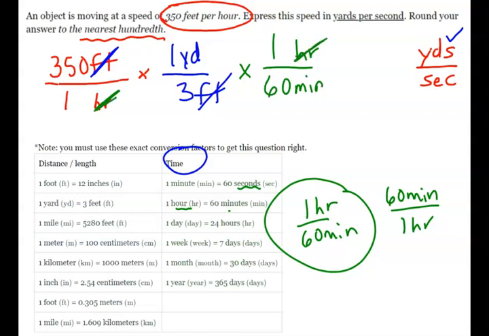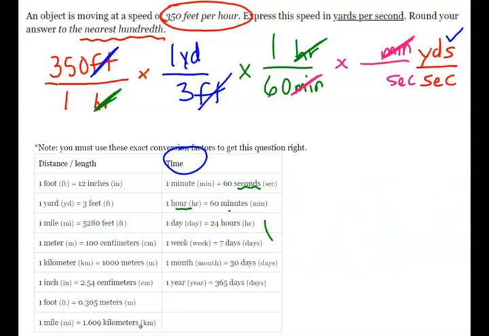So now my hours have disappeared and my minutes are there, and now I need to convert again. So this time I need to multiply by something that has minutes in the numerator and seconds in the denominator. So I need some type of fact here in my chart that has to do with minutes and seconds. You see that here?